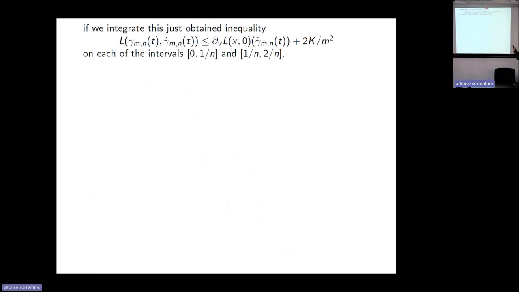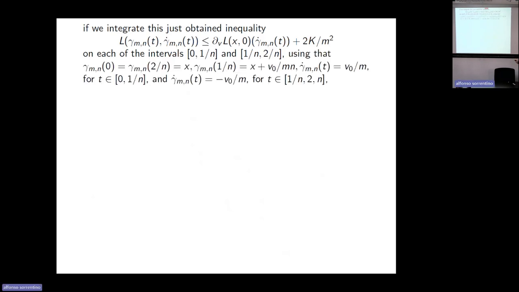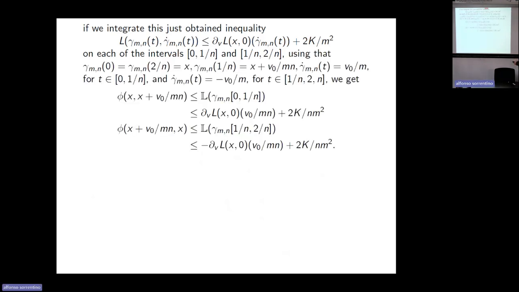So here there is a C0 in the formula, and therefore we get exactly that the Mañé potential between x and x0 plus v0 over mn is less than the linear map evaluated at v0 over mn, because you integrate this first term, which is constant, on an interval of length 1 over n, plus here you integrate on an interval of length 1 over n, so you get another.